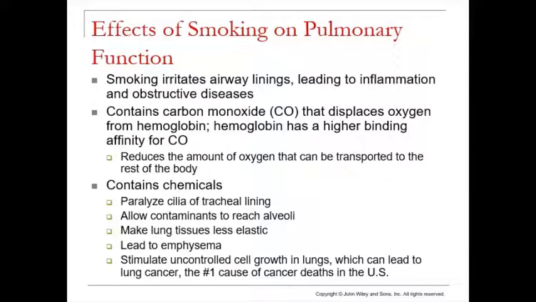And there are other problems with smoking. Turns out there are lots of chemicals in cigarettes. And some of these chemicals could do weird things. Some of these chemicals could do things like paralyze the cilia lining your respiratory tract. Remember cilia, we saw in things like pseudostratified ciliated columnar epithelium, which you find in places like the trachea. Remember the cilia, the little hair-like structures, help to push things past the cell like mucus for you to cough up.